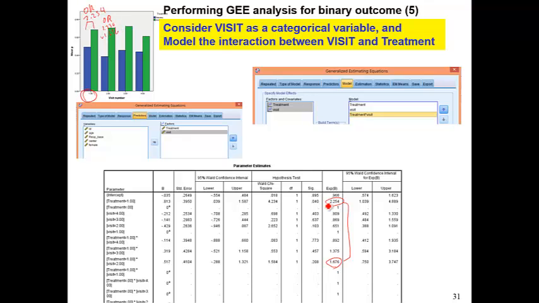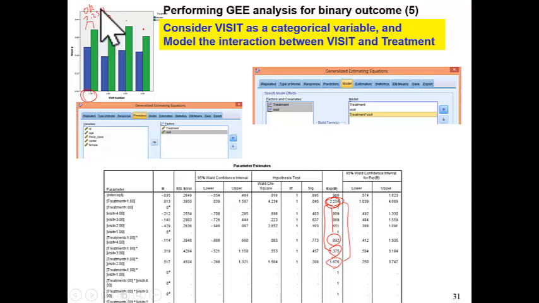Then if you multiply this with this, that gives the odds ratio of treatment for visit 3. And if you multiply this with this, that gives the odds ratio of treatment at visit 4. So by including an interaction term, the model is capable of estimating the odds ratio differently for each visit.